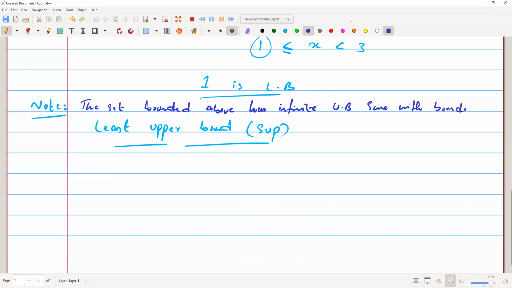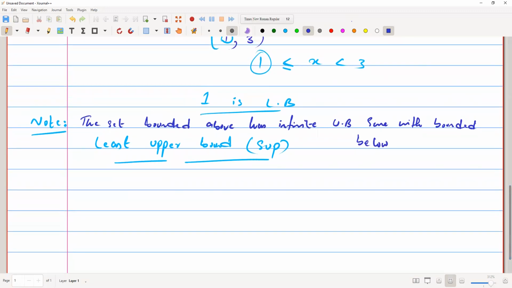Bounded below has an infinite number of lower bounds, as we see in this case that every number less than or equal to 1 is a lower bound of this set. For instance, 0, -1, -2, and all the numbers, you can say 0.999, 0.98, 0.56, all the numbers less than or equal to 1 are the lower bounds for this set, and all the numbers greater than 3, and 3 itself, are the upper bounds of this set. So infinite upper bounds and lower bounds for the bounded sets.